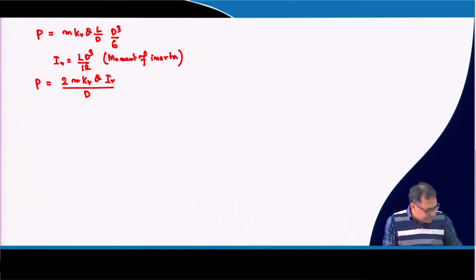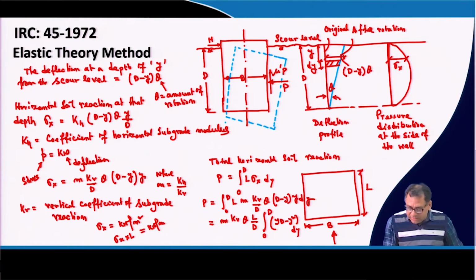Before that, what I will calculate: because of this P which is acting at the side of the well, a moment will develop at the base of the well. So, there will be a moment.